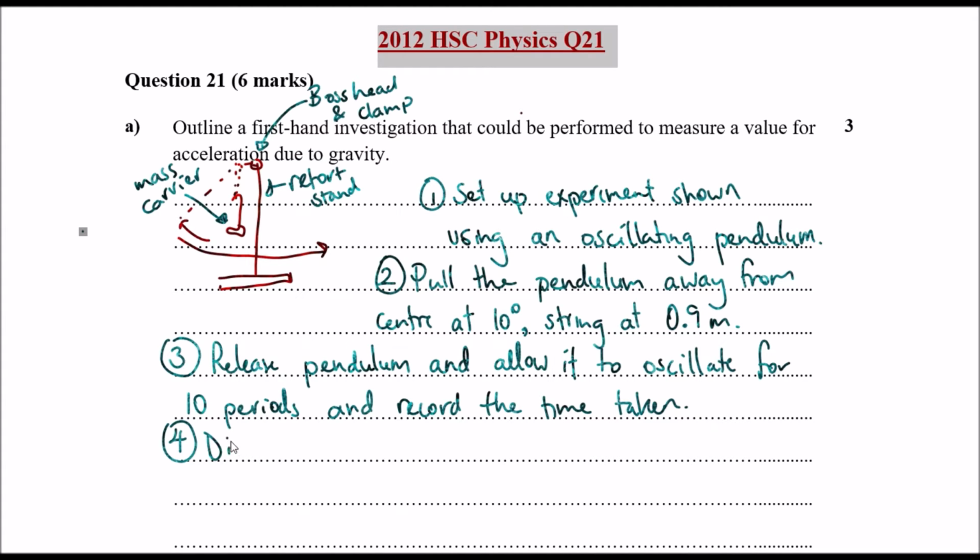Right. Divide the time taken by 10 to find the average period of oscillation.